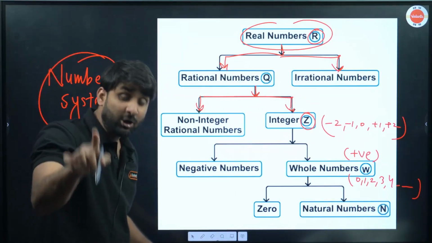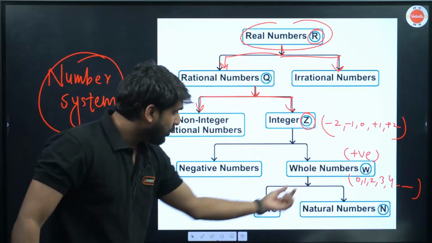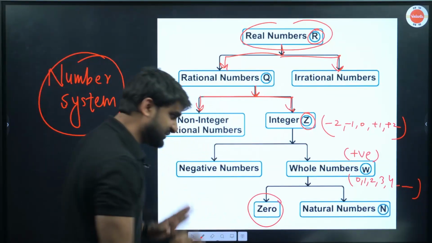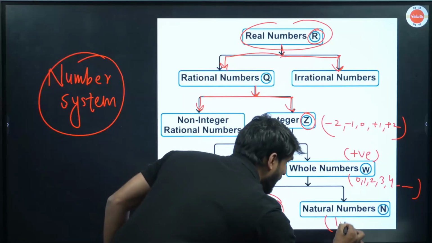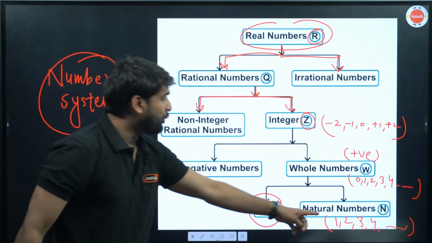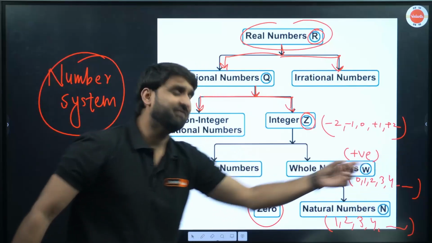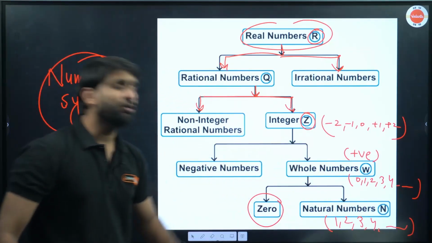It means whole numbers start from 0. So whole numbers consist of 0 and the natural numbers. Natural numbers, do you know? 1, 2, 3, 4 and so on. The combination of positive values 1, 2, 3 and this 0 gives you the whole numbers.